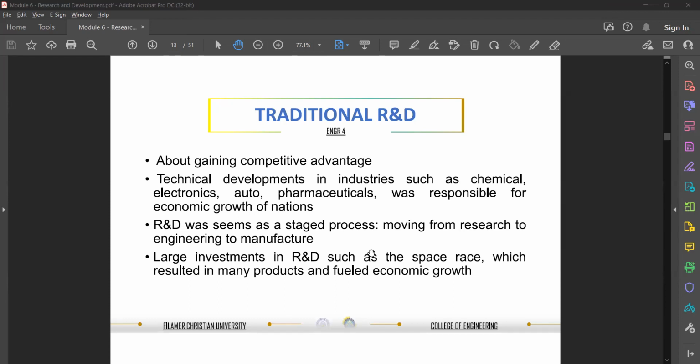There are also large investments in R&D such as the space race, which resulted in many products and fueled economic growth. There's Starlink of Elon Musk, and they also want to explore and conquer Mars for future use, di ba?